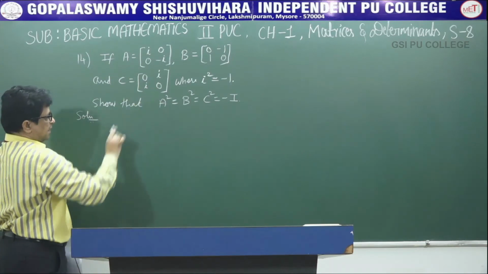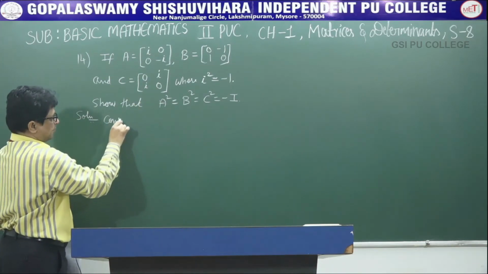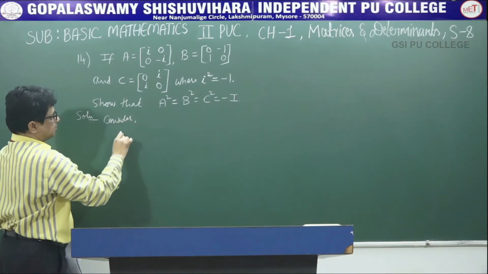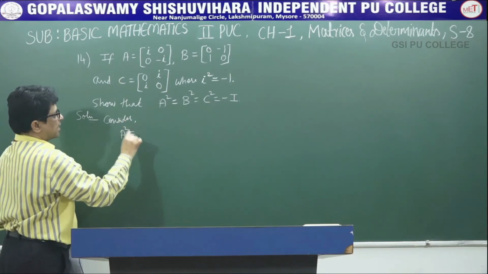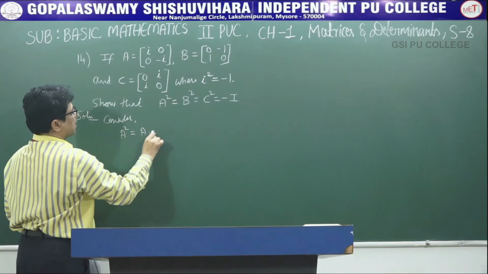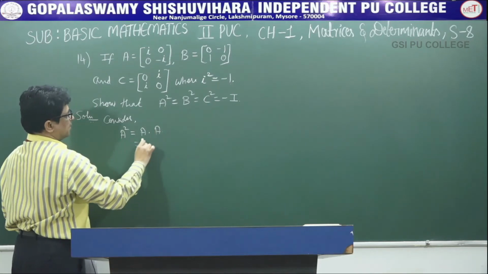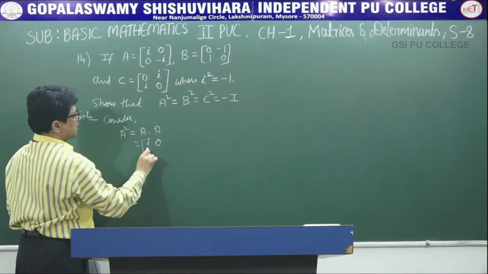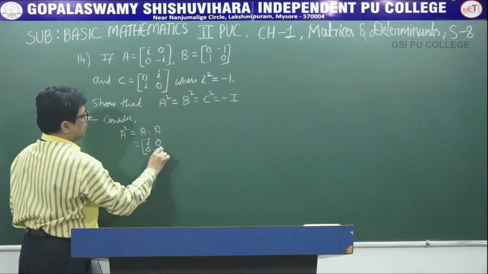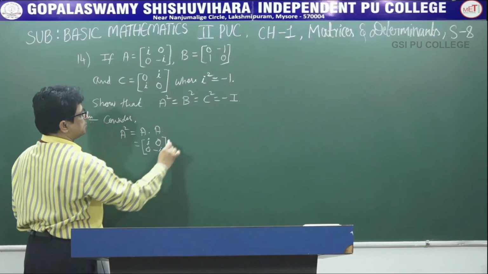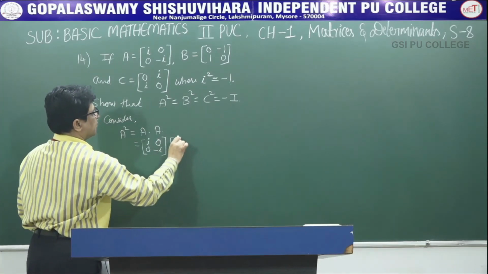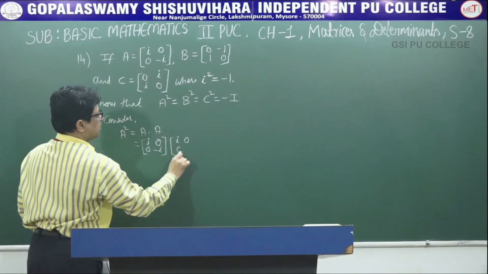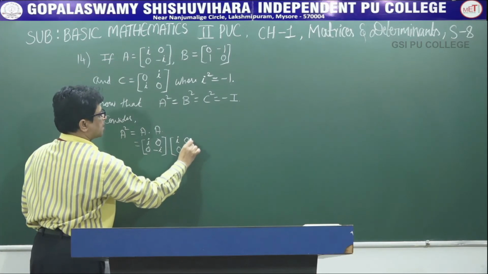First, let us find A square. So, consider A square is equal to A into A, which is equal to, A matrix is [I, 0; 0, minus I] into [I, 0; 0, minus I].